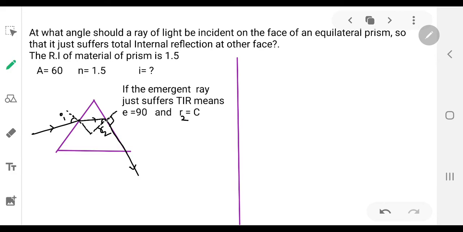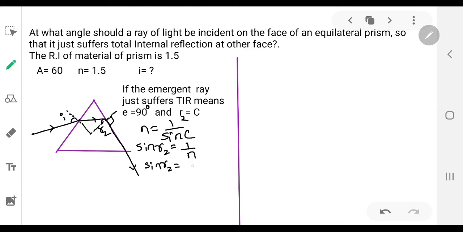So first we'll apply Snell's law at the second surface. For total internal reflection, e is equal to 90 degrees. Snell's law gives n is equal to 1 upon sine C, where C is nothing but R2. Sine of R2 is equal to 1 upon n.